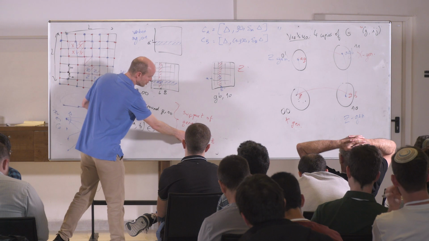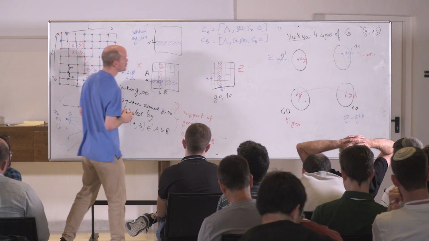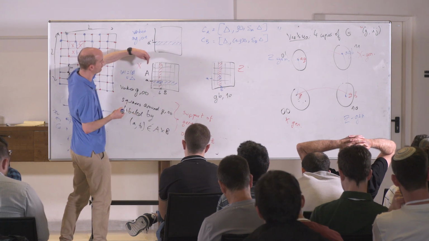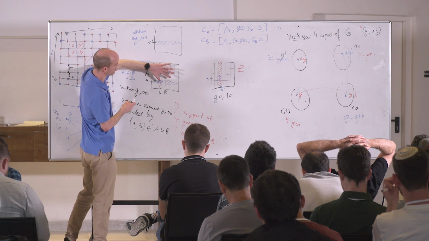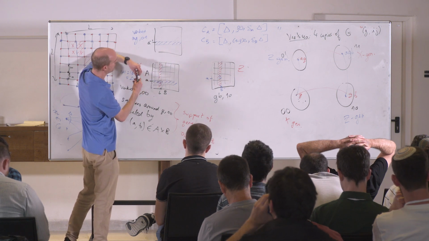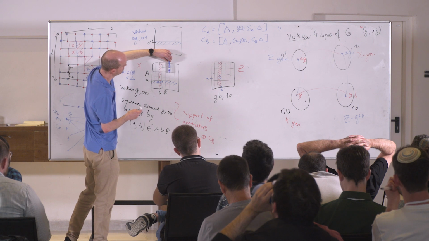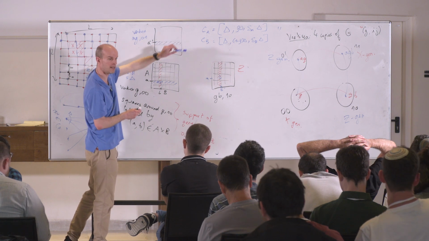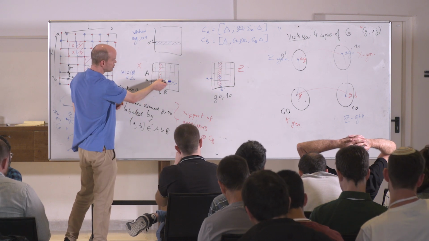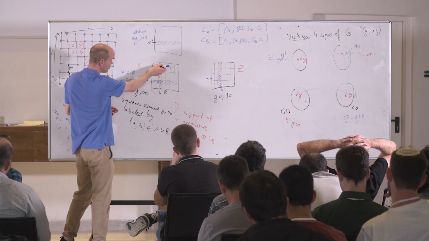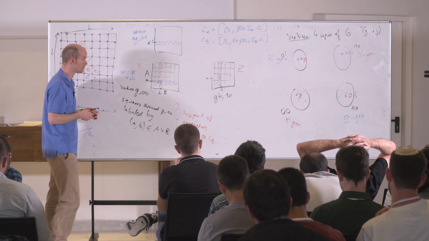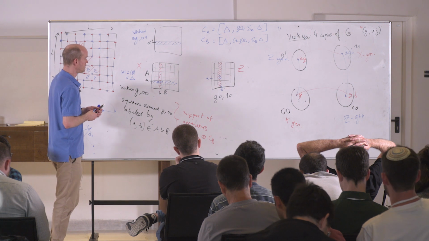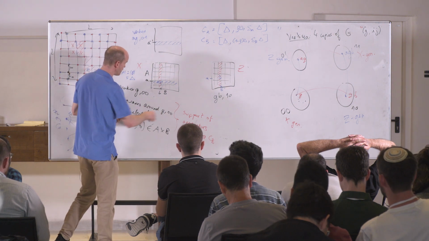So I take CA and CB, two codes of length delta. And the product code, this CA times CB, just means, if you remember, words of zeros and ones, but every column should be a code word of CA, and every row should be a code word of CB. So I do that.